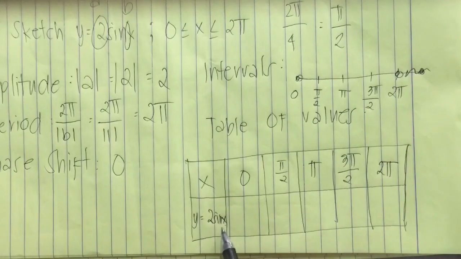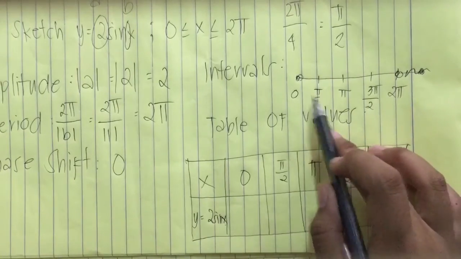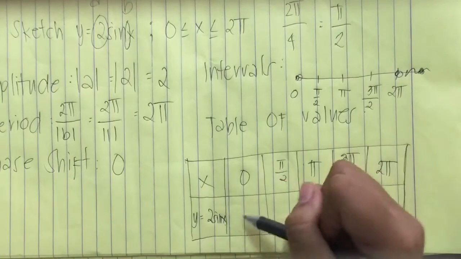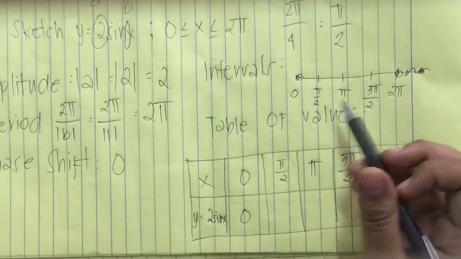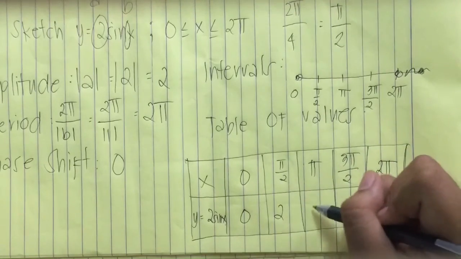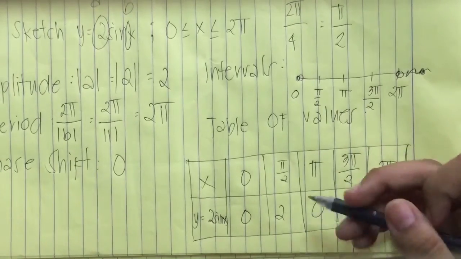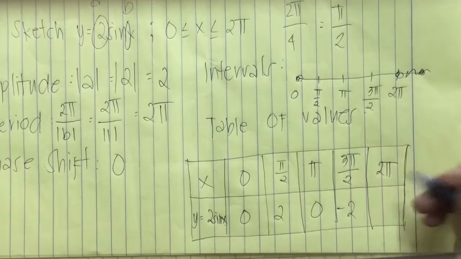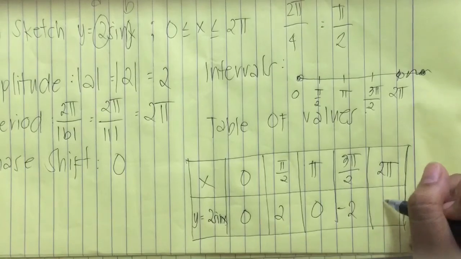So, substitute x with these numbers. So 2 sine times 0 will give us 0. 2 sine times pi over 2 will give us 2. 2 sine times pi will give us 0. 2 sine times 3 pi over 2 will give us negative 2. And 2 sine times 2 pi will give us 0.